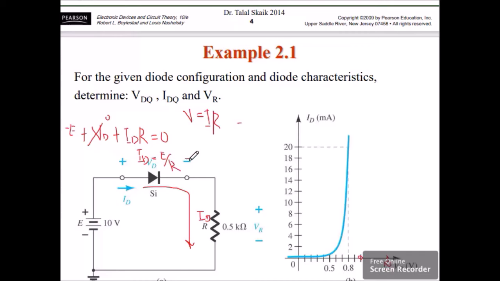Substituting the actual values, our ID is equal to E, which is 10, divided by R, which is 0.5K. Ooh, it's so hard to use the mouse. Right? And that gives you 20 milliampere. Oh my.